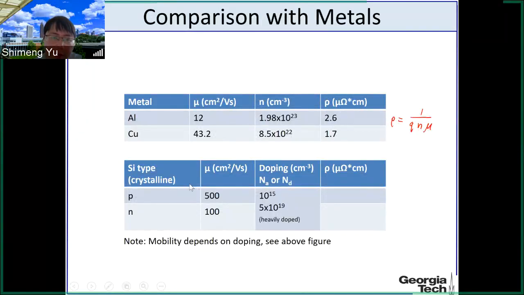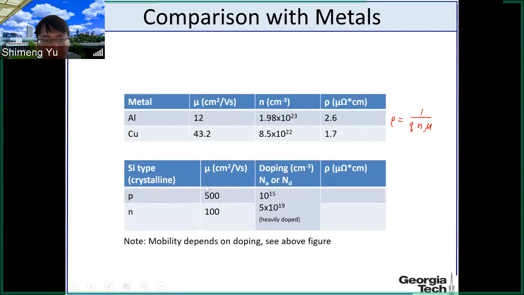And then for the silicon, it depends on the doping. The silicon's mobility depends on the doping, as we discussed earlier. So let's say this is a p-type silicon with a doping density of 10 to the power 15, which is a very light doping.